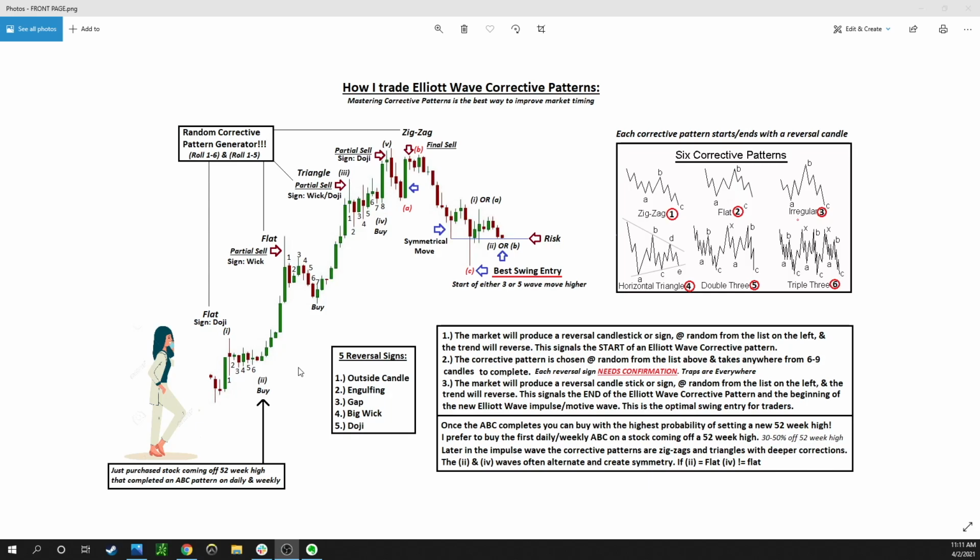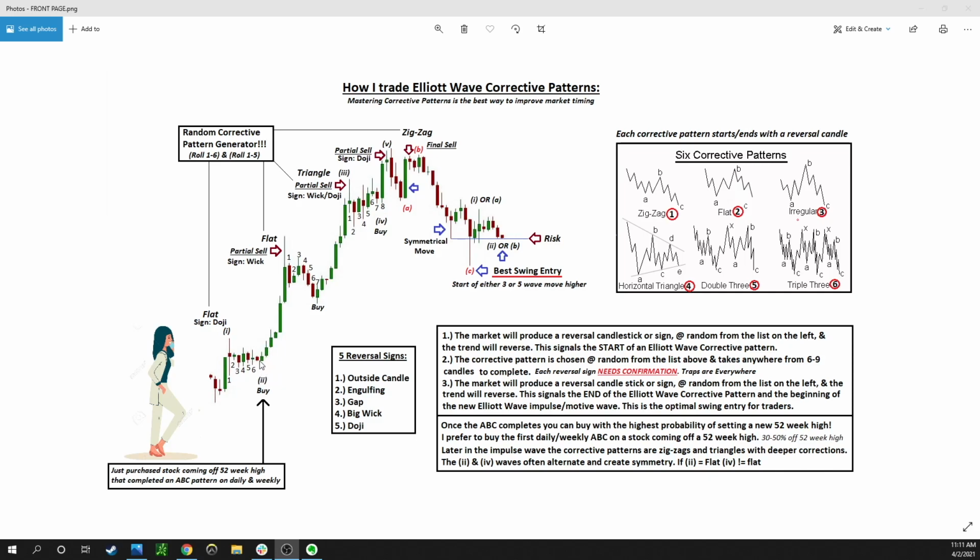So we'll look to sell as we hit certain Fibonacci extensions, certain horizontal price levels, and after we've seen confirmation of a reversal sign. So if we follow this chart here, this doji was the end of wave 1. 6 candles later, we had another doji that started the start of wave 3 and completed the correction pattern.